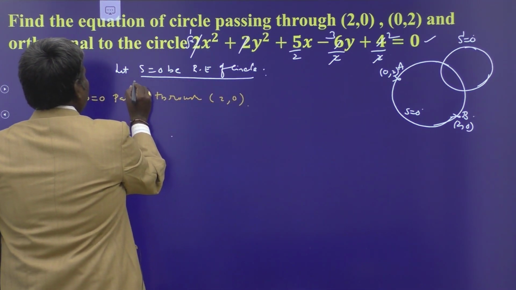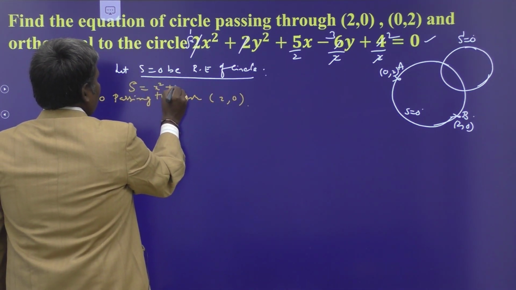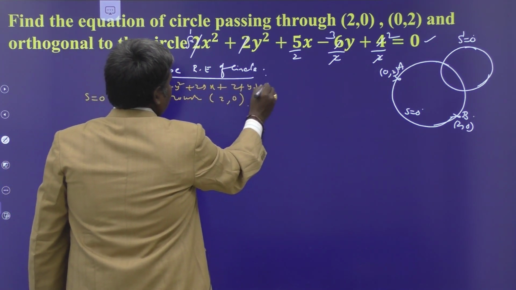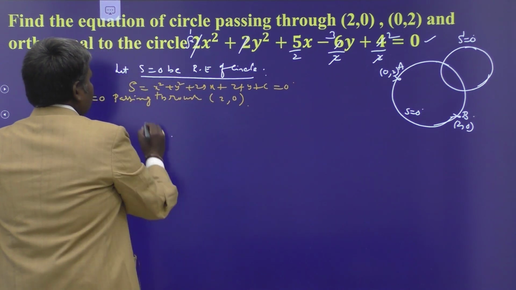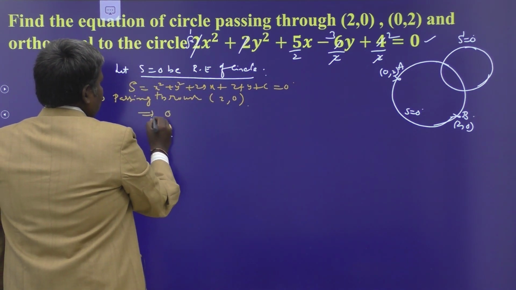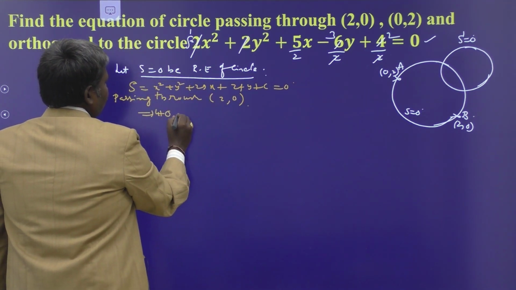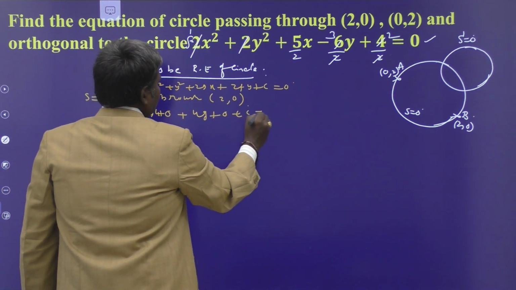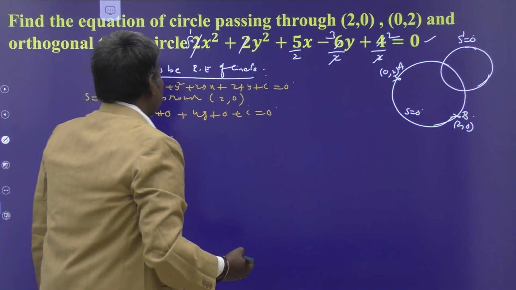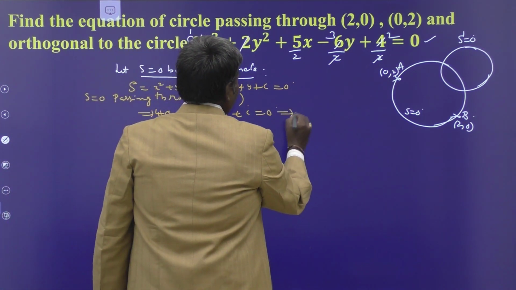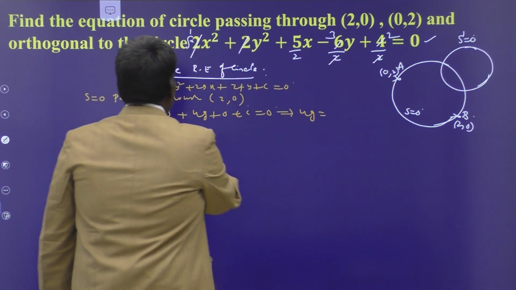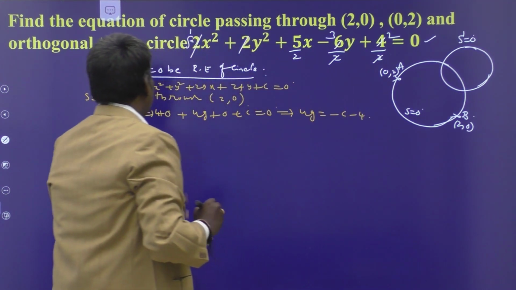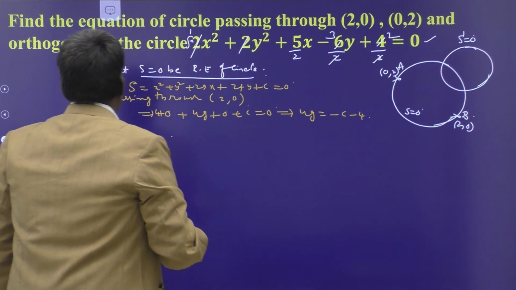S means x² + y² + 2gx + 2fy + c = 0. Substitute (2, 0). What happened? 4 + 0 + 4g + 0 + c = 0, implies 4g = -c - 4.